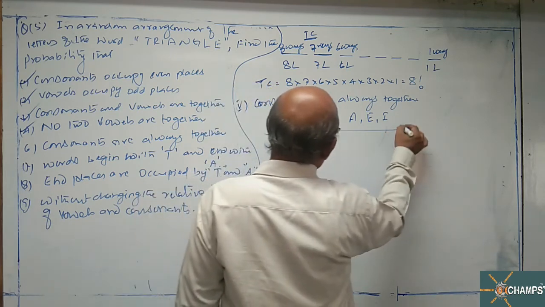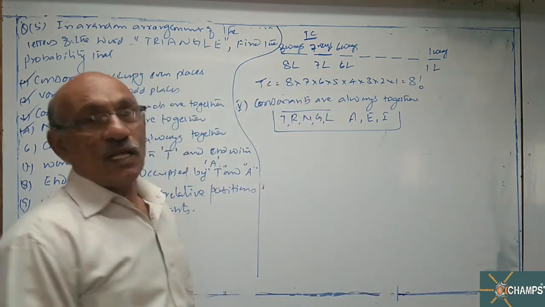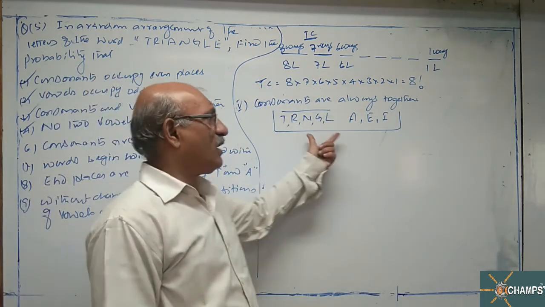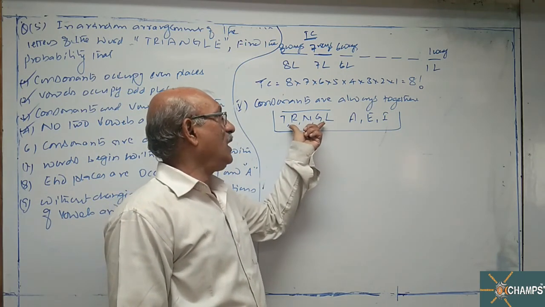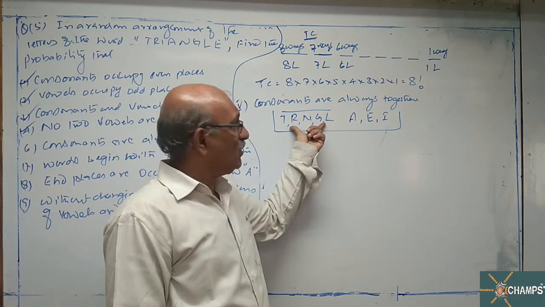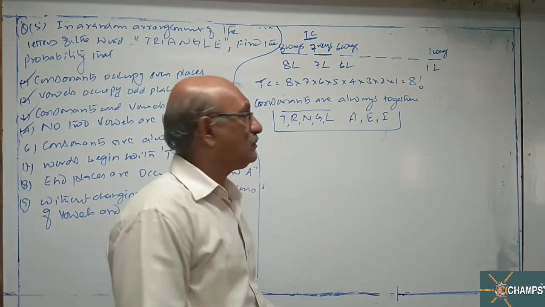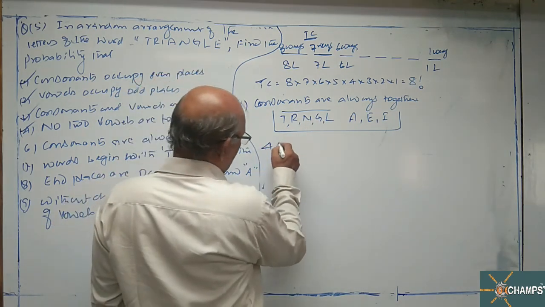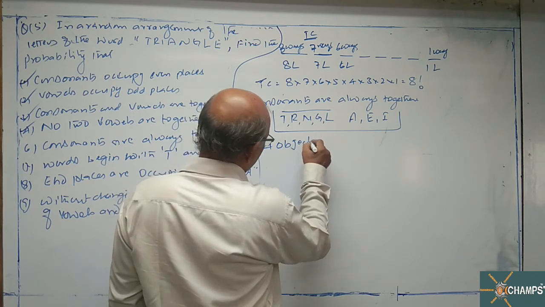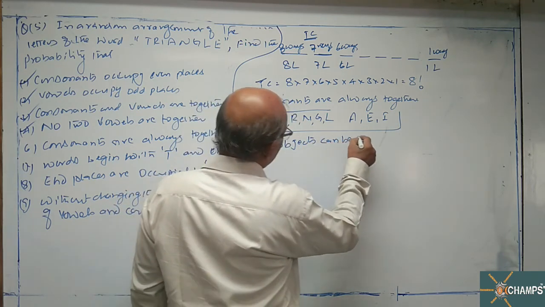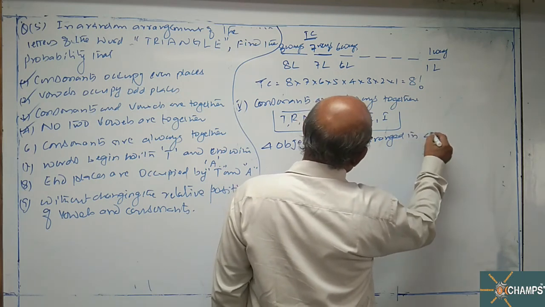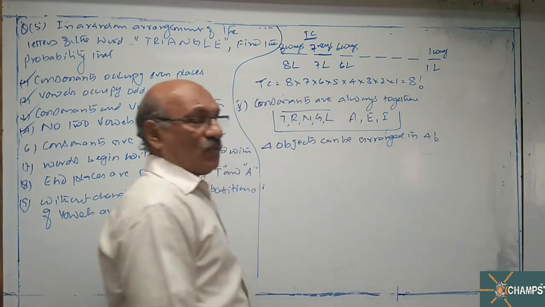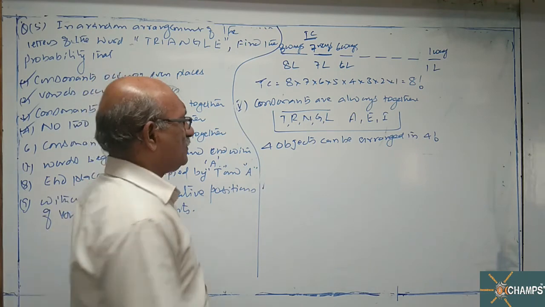Use 2 brackets, sir. Look at the question from the square brackets point of view. Inside the square brackets, you have consonants as 1 unit and 3 vowels. So 4 objects can be arranged in 4 factorial ways.